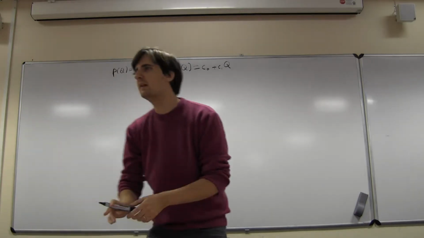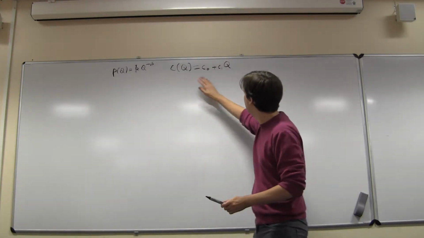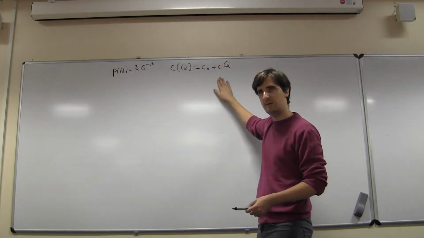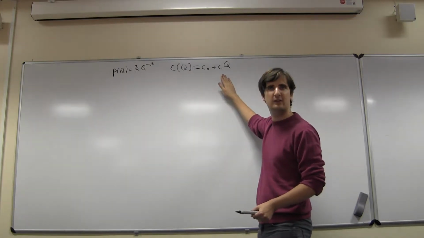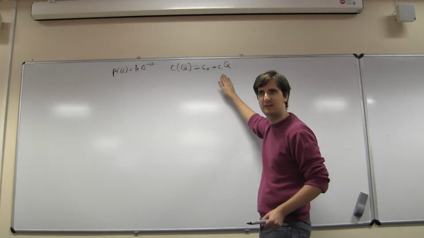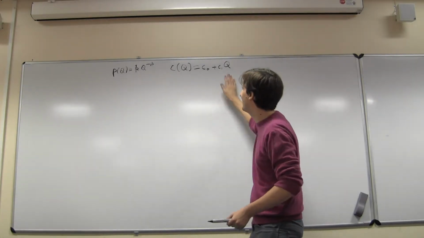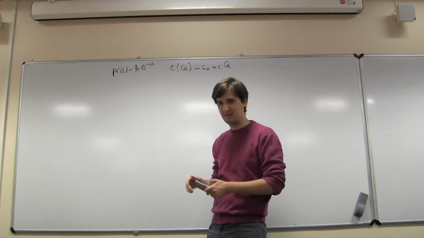That was the demand curve we had. The monopolist had this total cost function. So this is total cost, so what's marginal cost? C1, yeah. Okay, so we understand total cost and marginal cost.